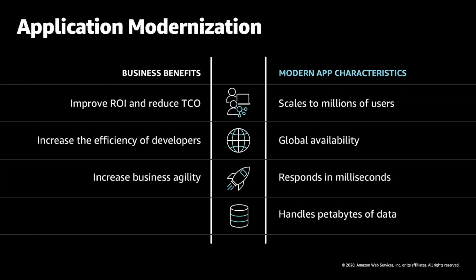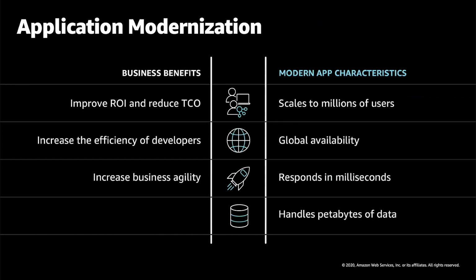Respond in milliseconds. With a mobile application, people looking at your site, at your app, they're going to wait half a second, maybe a second, and then they start to get impatient. So you have to have applications that respond quickly. And data, the quantity of data.